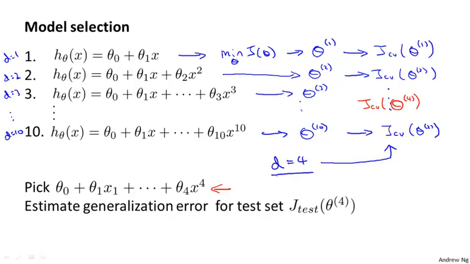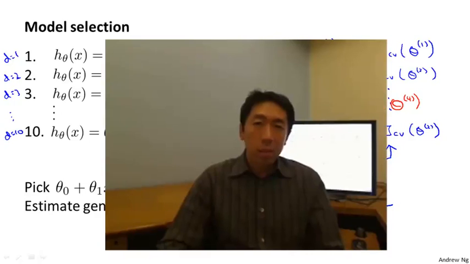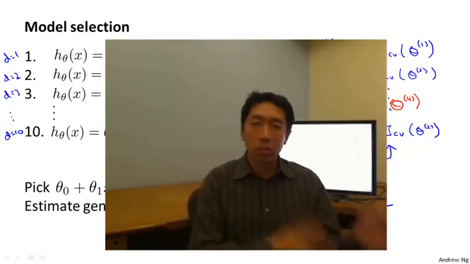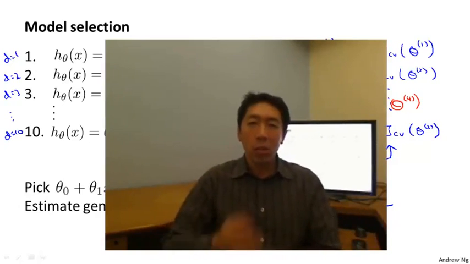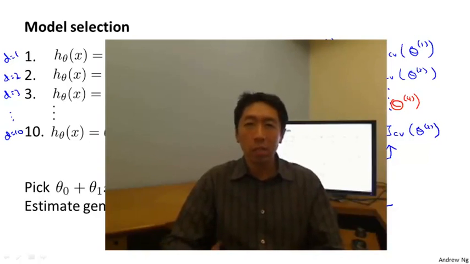And so this degree of polynomial, so the parameter, is no longer fit to the test set, and so we've now saved away the test set, and we can use the test set to estimate the generalization error of the model that was selected by this algorithm. So that was model selection and how you can take your data, split it into a train, validation, and test set, and use your cross-validation data to select the model and evaluate it on the test set.